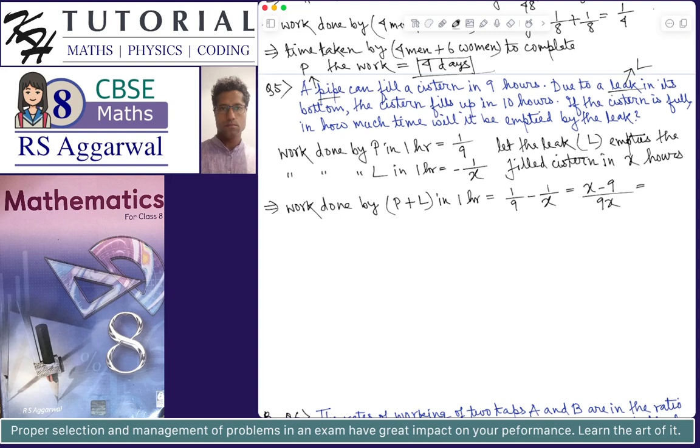Now, if we express this in the form of 1 by N, this will be 1 by 9X divided by X minus 9. So from this, in 1 hour the work done by P plus L is 1 by 9X by X minus 9.